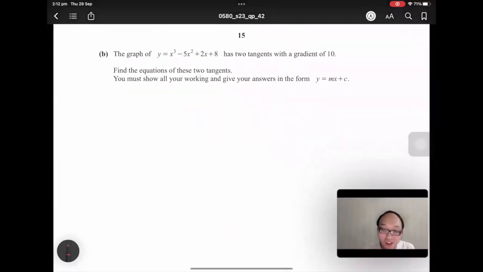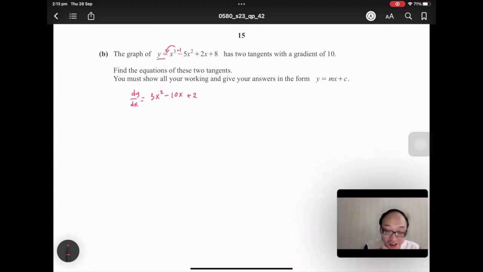The graph has 2 tangents with gradient of 10. Find the equations of these 2 tangents in the form y equals mx plus c. So to know the gradient of the tangent, we have to differentiate the equation. So dy over dx equals 3x squared minus 10x plus 2. Don't forget, the power moves to the front, and then the power minus 1.